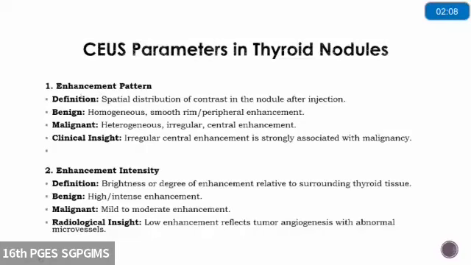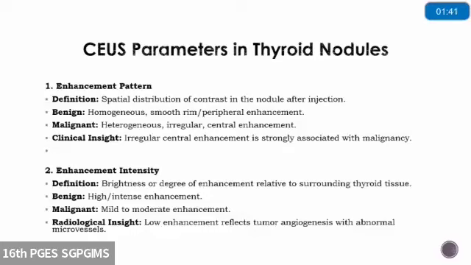What we look for is the enhancement pattern: whether the nodule is enhancing homogeneously or heterogeneously, and whether the peripheral enhancement is smooth or irregular. Irregular central enhancement is strongly associated with malignancy, whereas homogeneous enhancement and smooth peripheral enhancement suggest benign nodules.